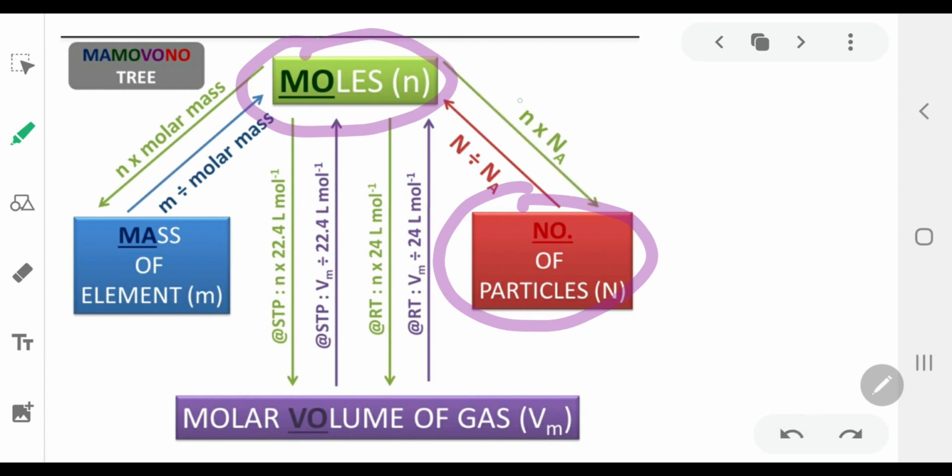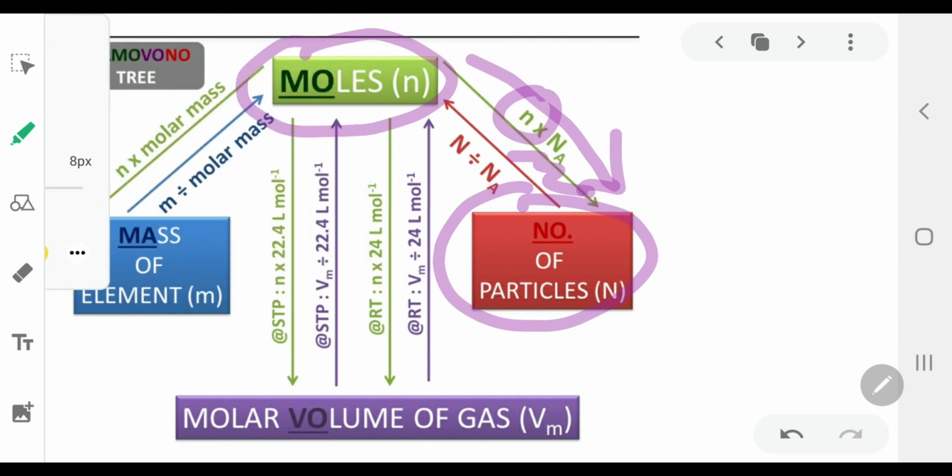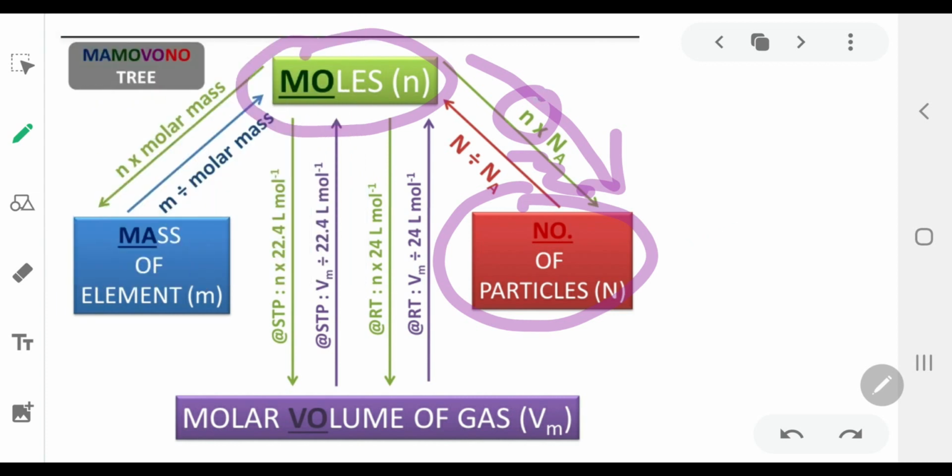You need to take your number of mole and multiply with your Avogadro's number. The number of mole that we have gotten just now is about 5.781 times 10 to the power of negative 11.